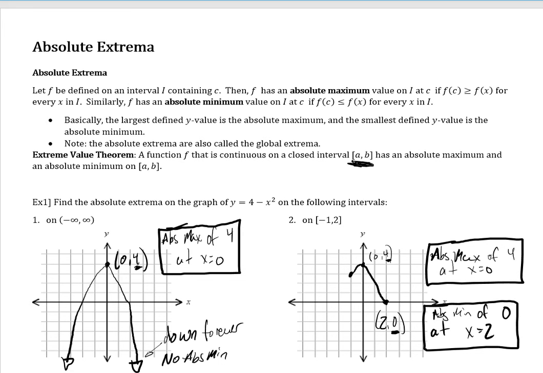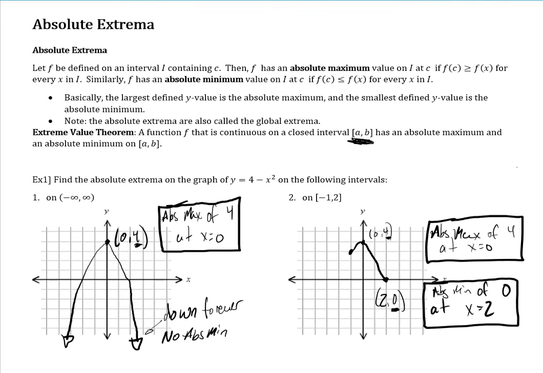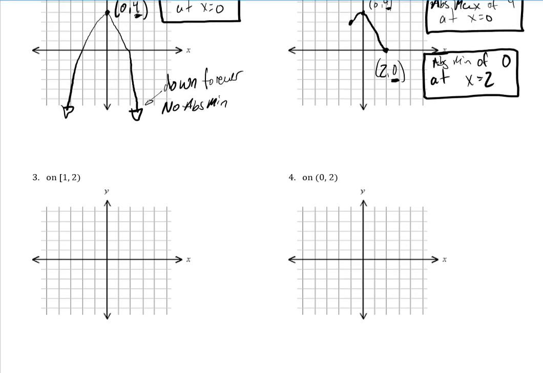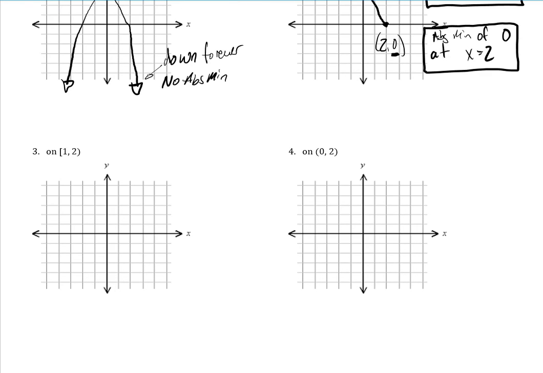All right, so let's see what else we have with our other two graphs. Let me scroll. There we go. On these we have two different sets of intervals. On this one, it's half open or half closed.